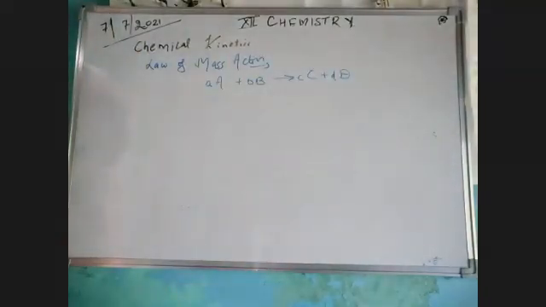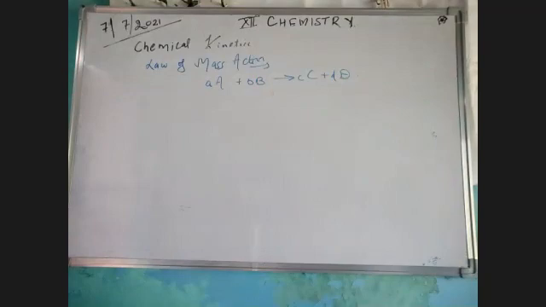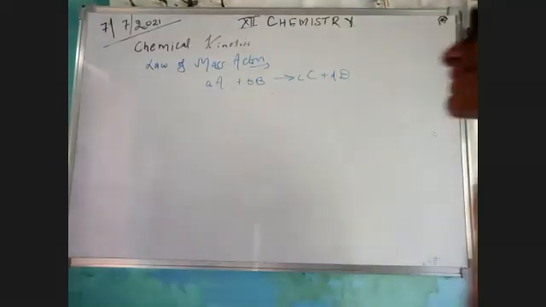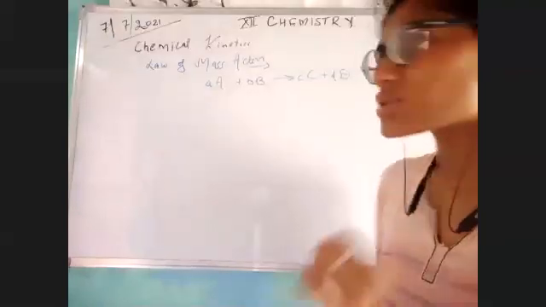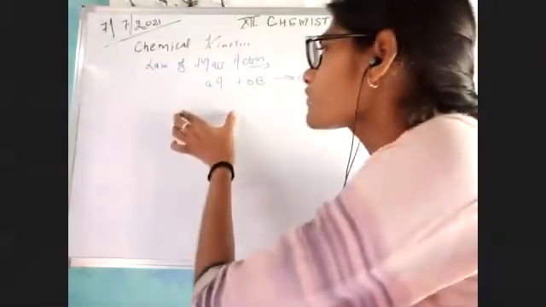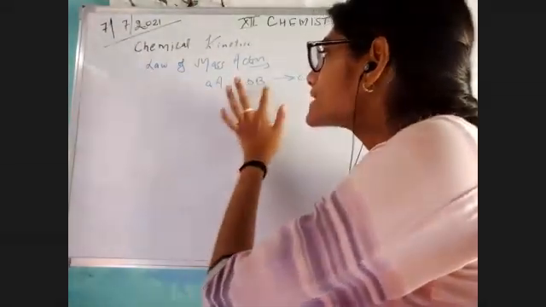Now let's say I have told you about the reaction, about the reactant, what is happening over there. Suppose my rate of reaction is dependent upon the concentration. Our first factor was that my rate of reaction is directly proportional to the concentration.